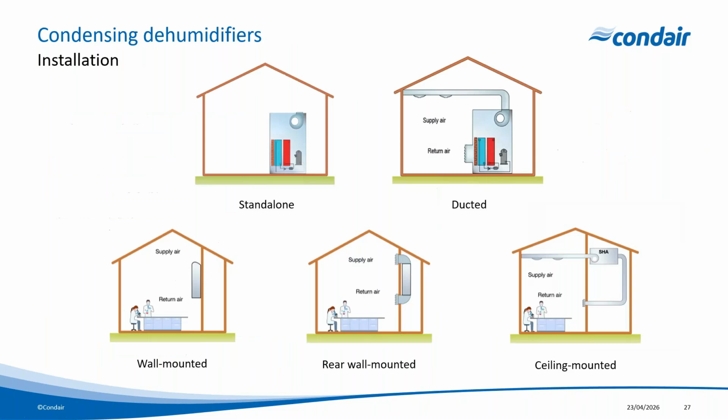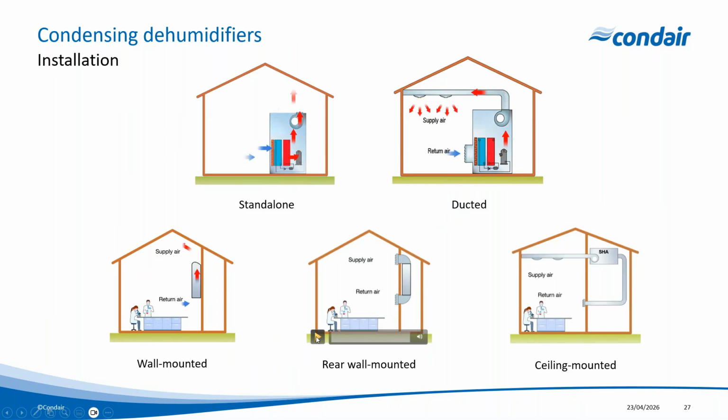But there are different ways that you can install one of these systems. You can do them as a standalone system where you've got air just traveling over the two coils and then distributing into the space. You can have a ducted air supply so you can distribute the dehumidified air evenly. Very common to have a standalone system on a smaller application or something like a swimming pool.